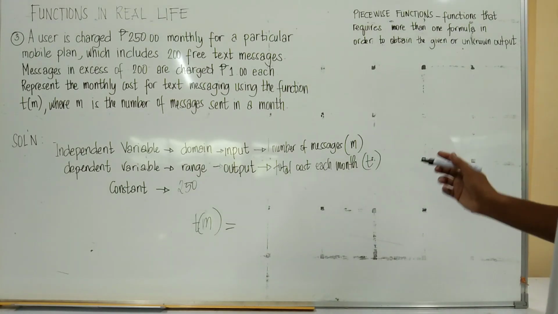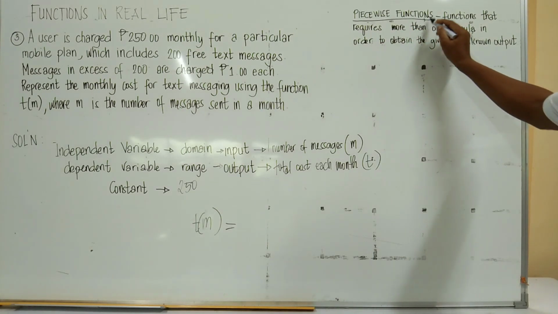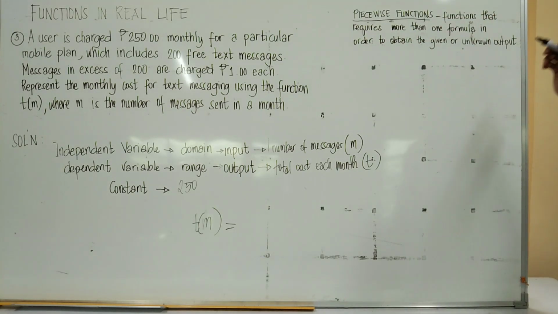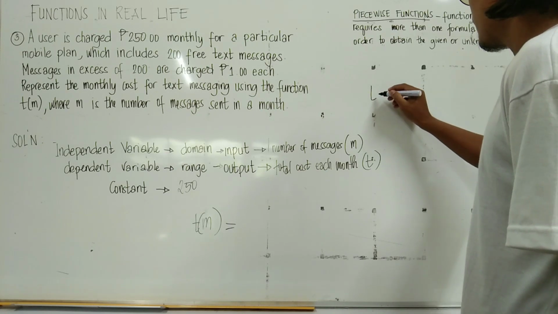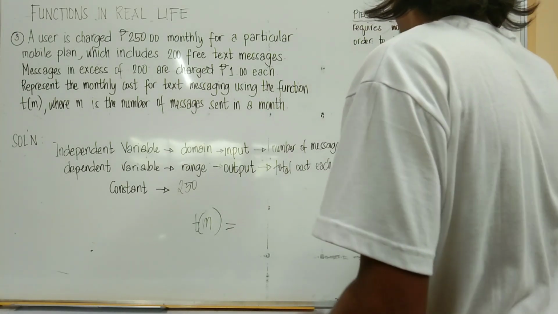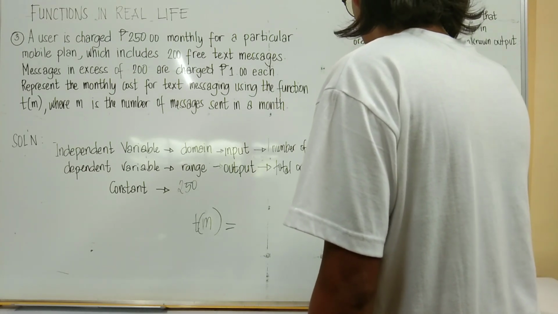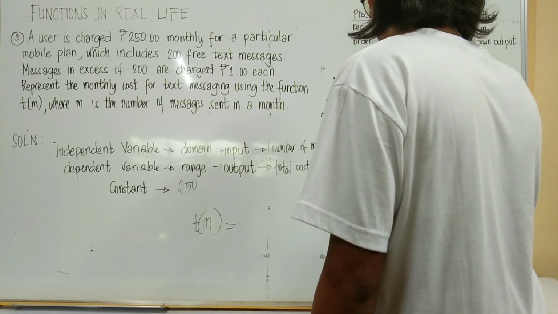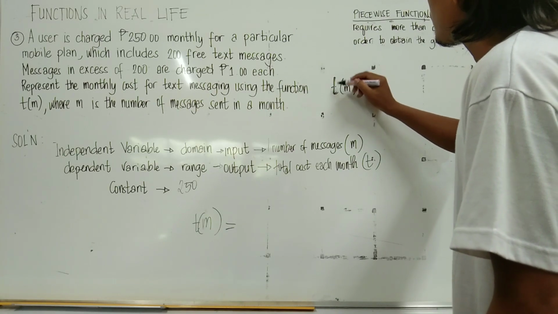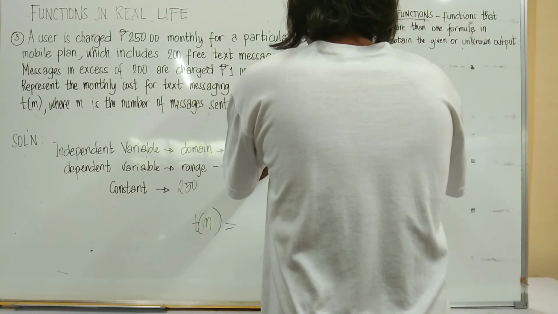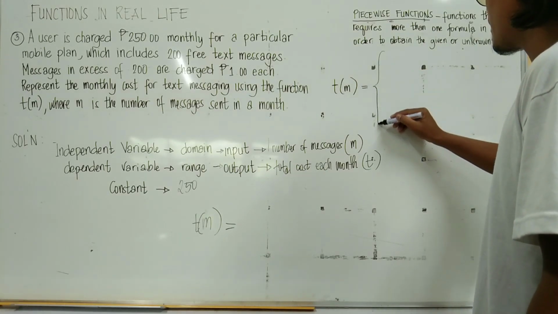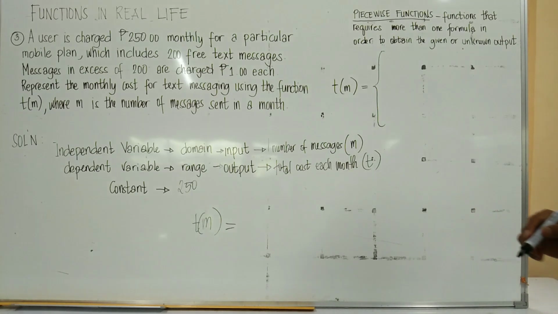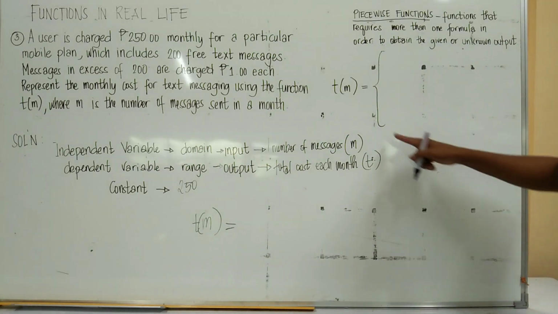Number 3 example is a piecewise function. By definition, piecewise functions are functions that require more than one formula in order to obtain the given or unknown output. So I will write your piecewise function here, denoted by P of M. A piecewise function is identified with this symbol, the open brace.